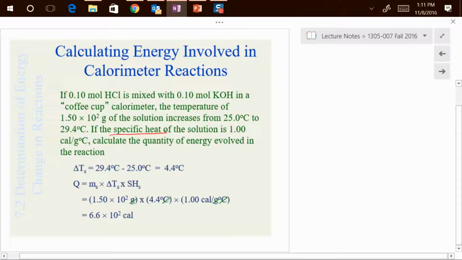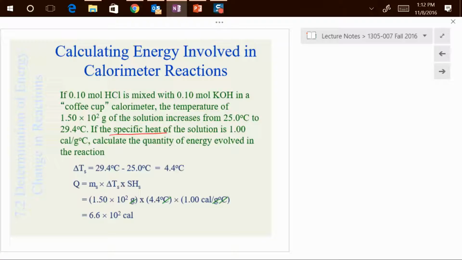Okay? So then I use this equation. Q equals the mass of the solution times the change in the temperature of the solution times the specific heat of the solvent in this case. So here my mass is 150 grams times my change in temperature. It is 4.4 degrees Celsius.